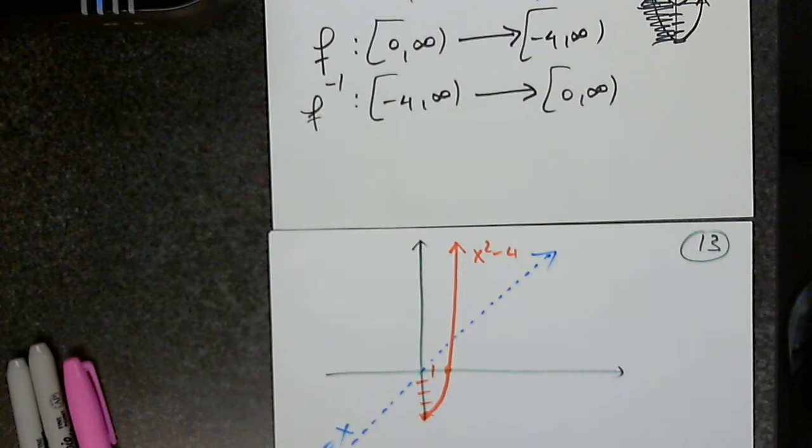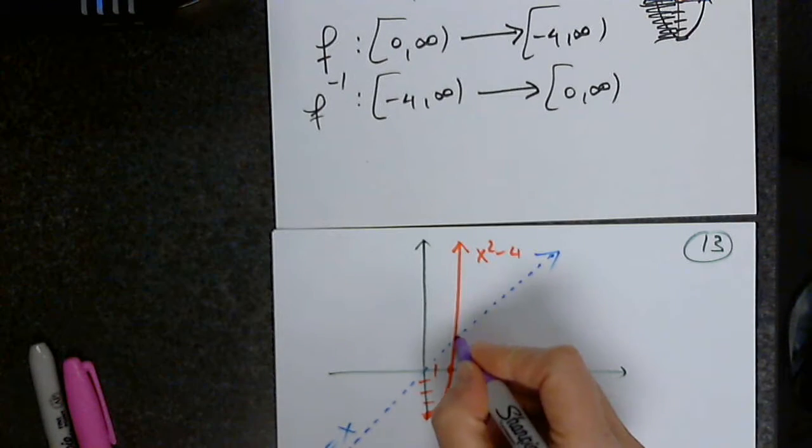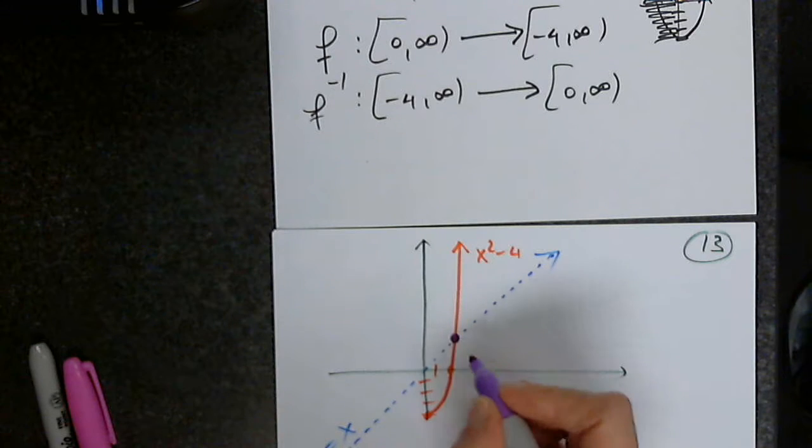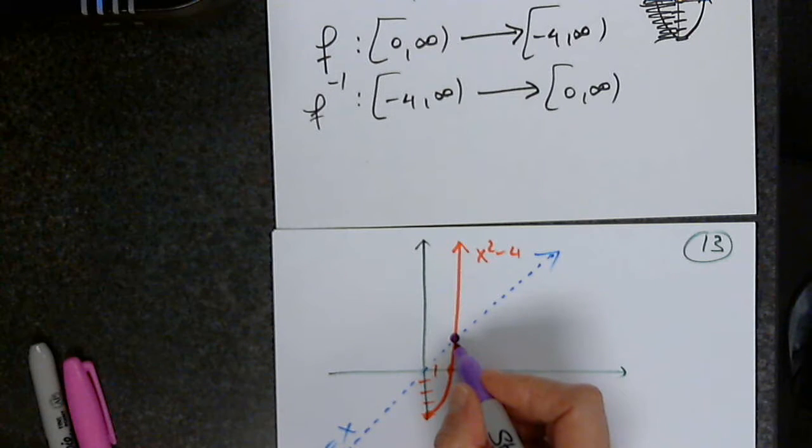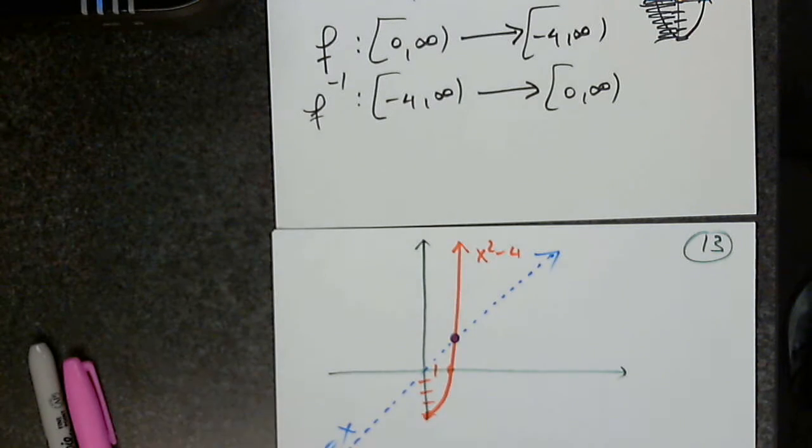Can anyone give me 2 ordered pairs so I can graph the inverse function? One of them I already know, because this point has x and y the same value. So if I reverse the coordinates, I still have the same point. So then, give me 2 other ordered pairs.